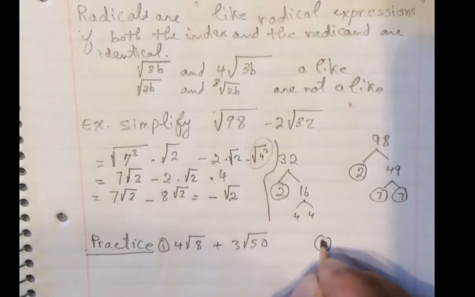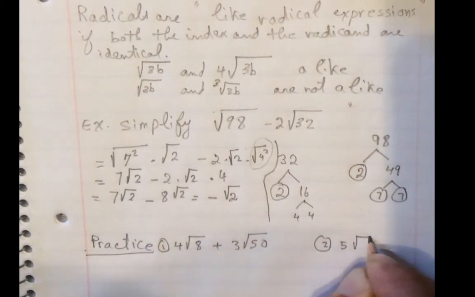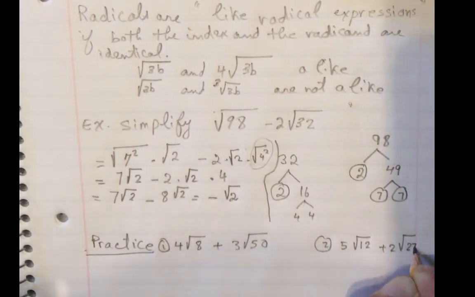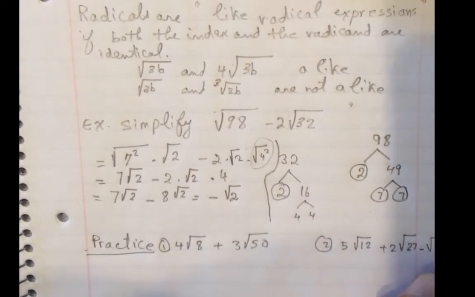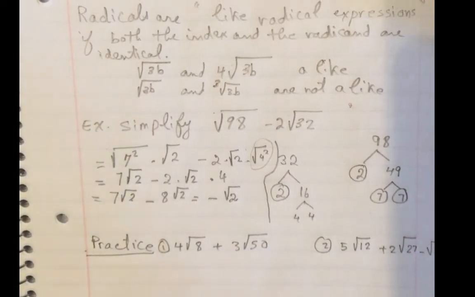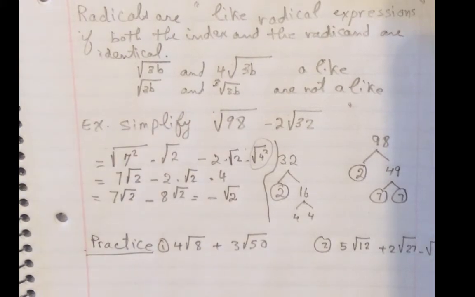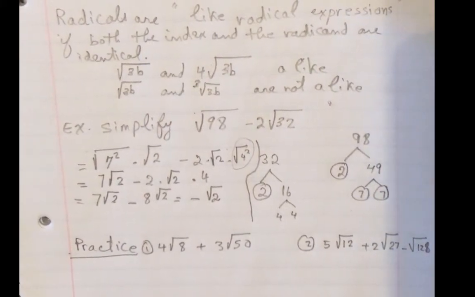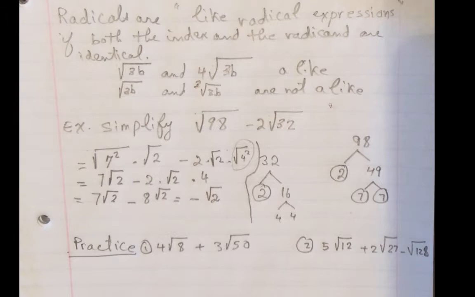The other problem is 5 root 12 plus 2 square root of 27 minus root 128. So pause the video and try to solve these two problems, then come back and check them.